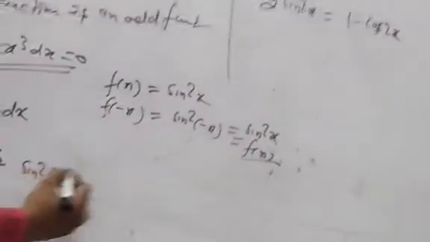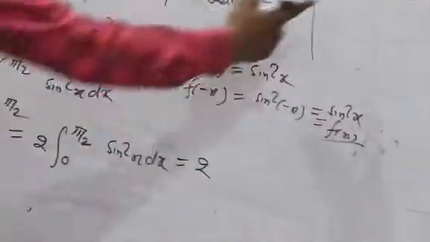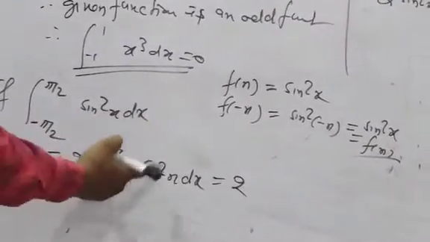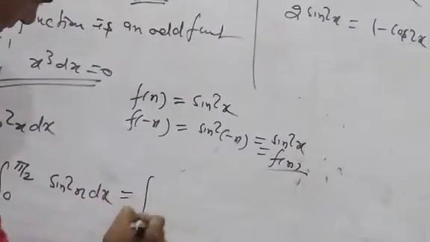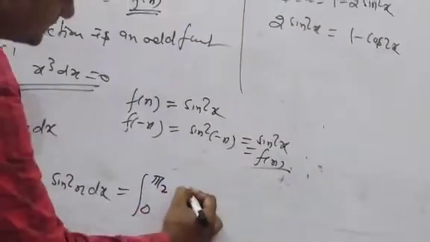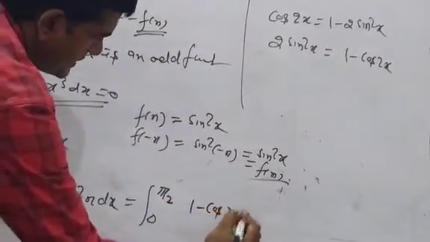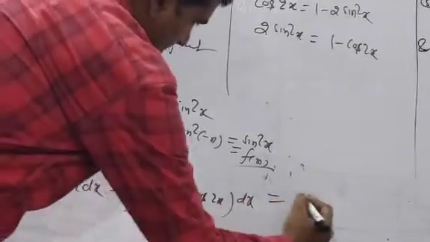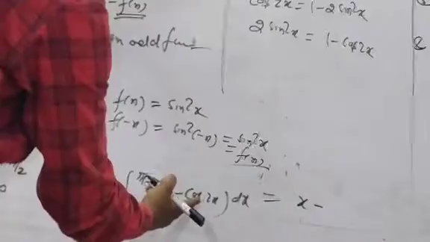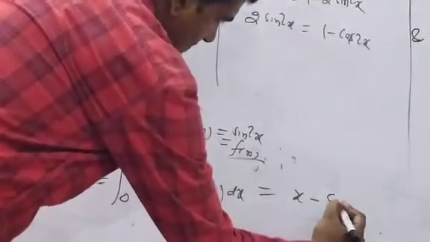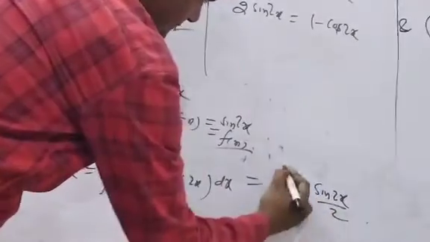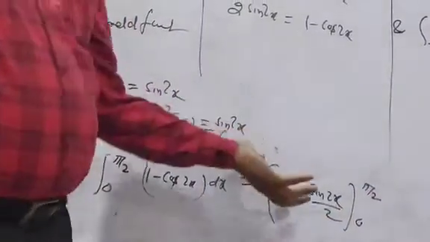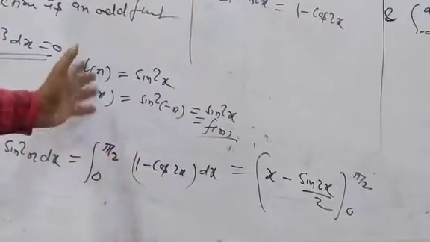Then 2 sin square x is equal to integral 0 to pi by 2 of 1 minus cos 2x dx. Now integration of 1 is x. Integration of cos 2x is sin 2x upon 2, with limits pi by 2 and 0. Now we can put the limits, and the answer will come.